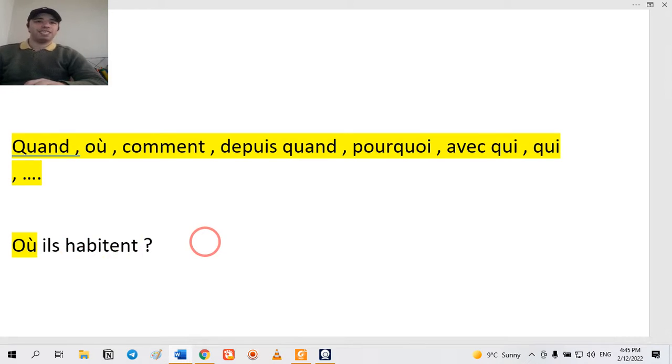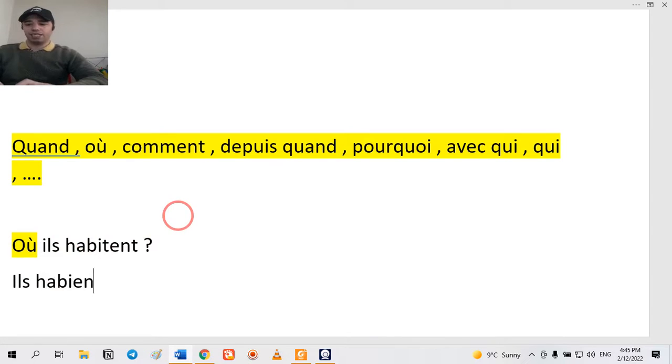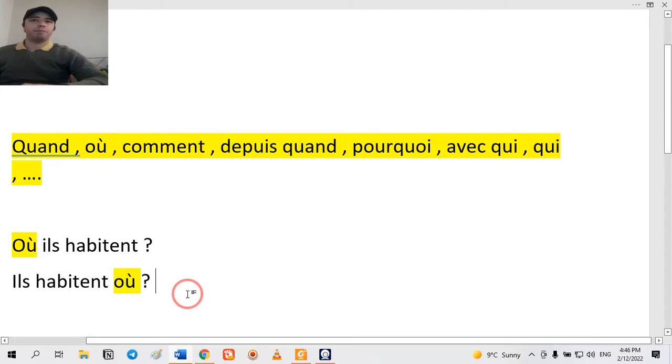Because this is the intonation form, you can change the place of the question word. So you can say ils habitent où?